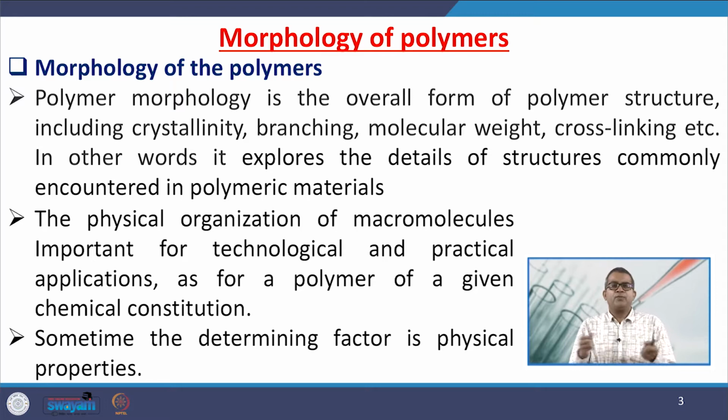Now, let us have a brief outlook on the morphological system of polymers. This is the overall form of a polymer structure. It includes crystallinity, branching, molecular weight distribution, cross-linking, etc. In other words, it explores the detail of structure commonly encountered in polymeric materials, and thereby plays a vital role in the end use of the polymer which you synthesize in due course of time.